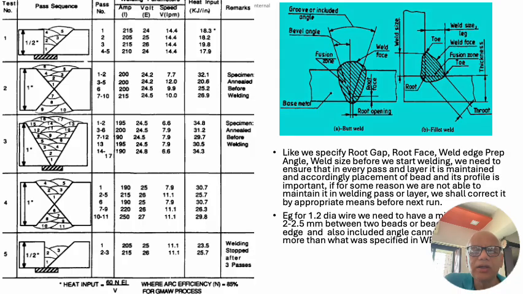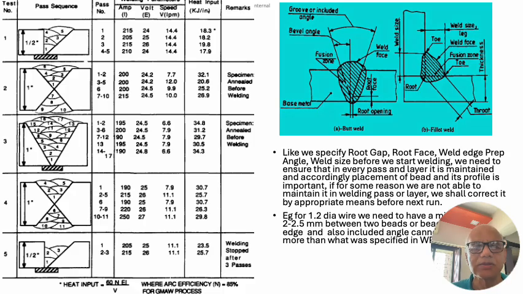So normally in our WPS we just write down the number of layers. What I want is, for the number of passes and the layers, if we can specify what current and voltage we are able to give, and also what should be the minimum gap between each layer and pass.